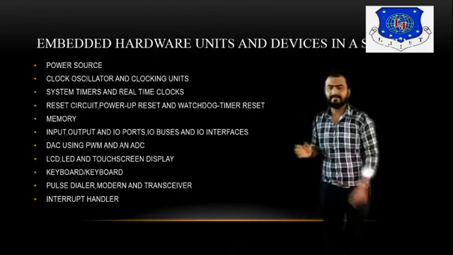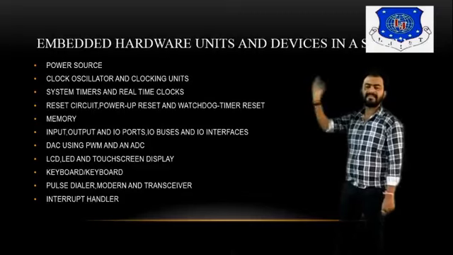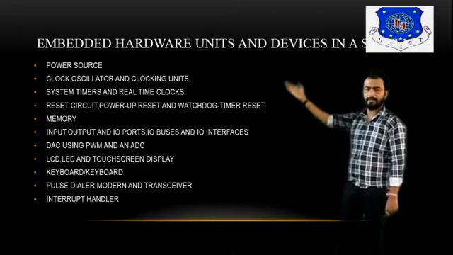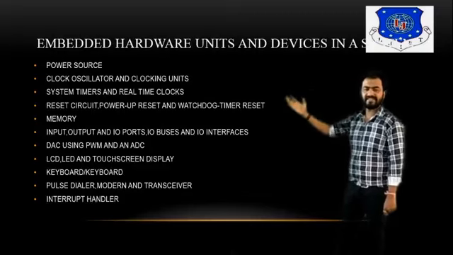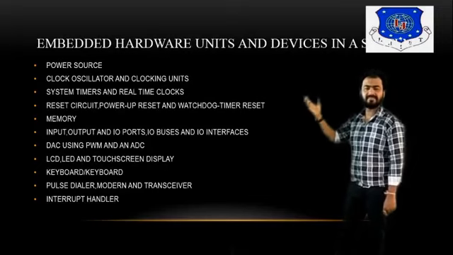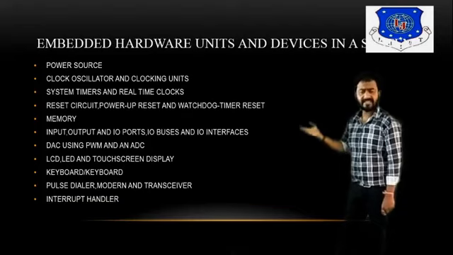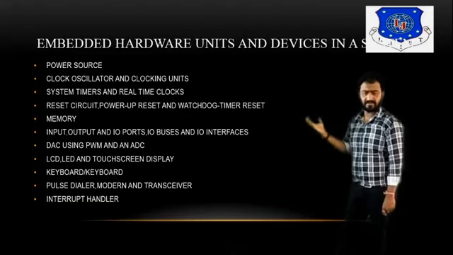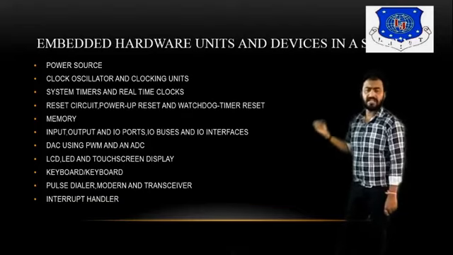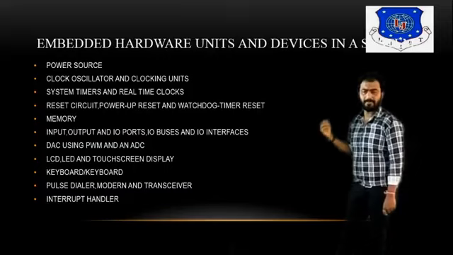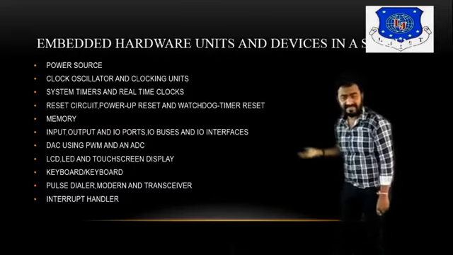So as you can see, in the embedded hardware unit and its devices, we are talking about a power source, clock oscillator circuit and clock units, system timers and real-time clocks, reset circuit, power up circuit, reset and watchdog timer, memory, input, output and IO port, buses, DAC and PWM, and also ADC.